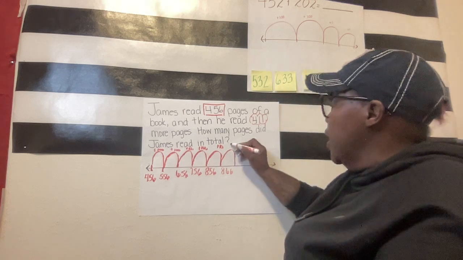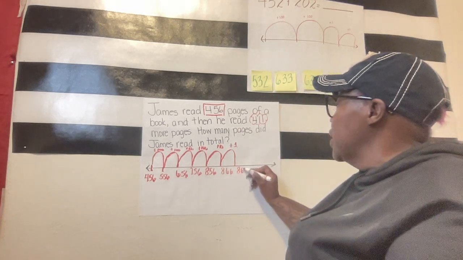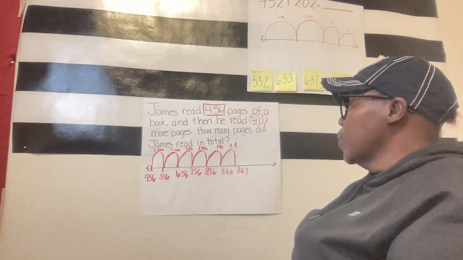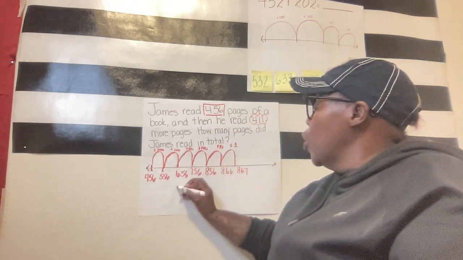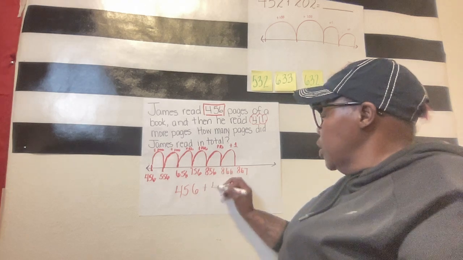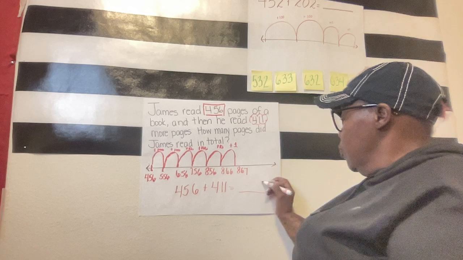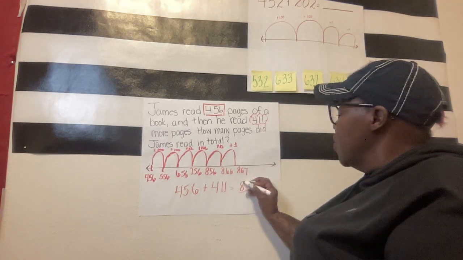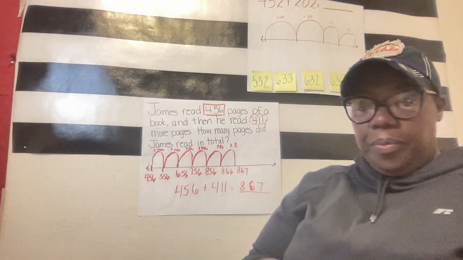And then we have a 1 in the ones place. And that will give us 867. So if you write that out in equation form, 456 plus 411 is equal to 867.